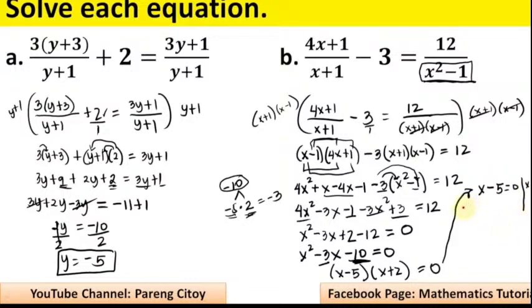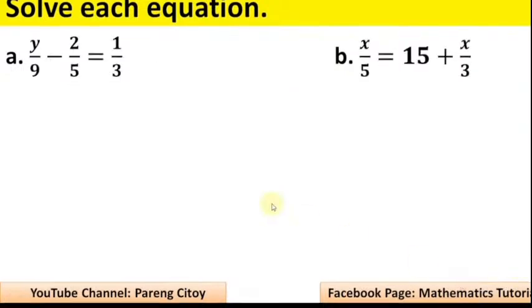Then we have transpose x equals 5 and x equals negative 2. So our final answer is x equals 5 and x equals negative 2. So that is the value of x, positive 5 and negative 2.